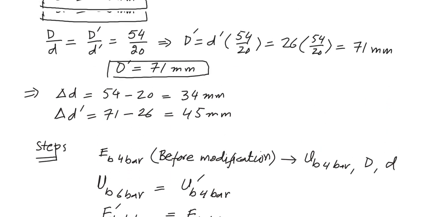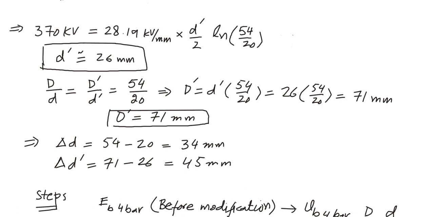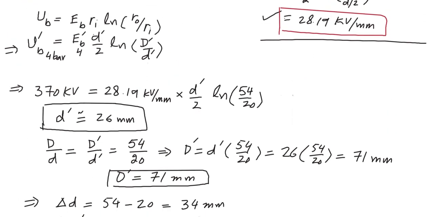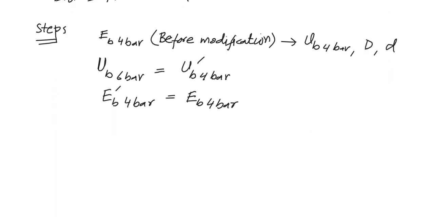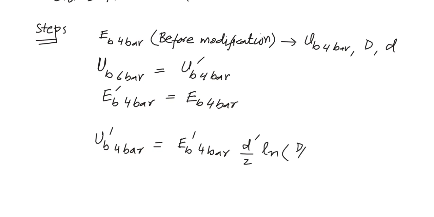Then we used the expression for the breakdown voltage at 4 bar after the modification: U_B at 4 bar after the modification equals E_B at 4 bar after the modification times d bar by 2, times ln of capital D over small d. We used capital D over small d the same as before the modification because the ratio remains the same.